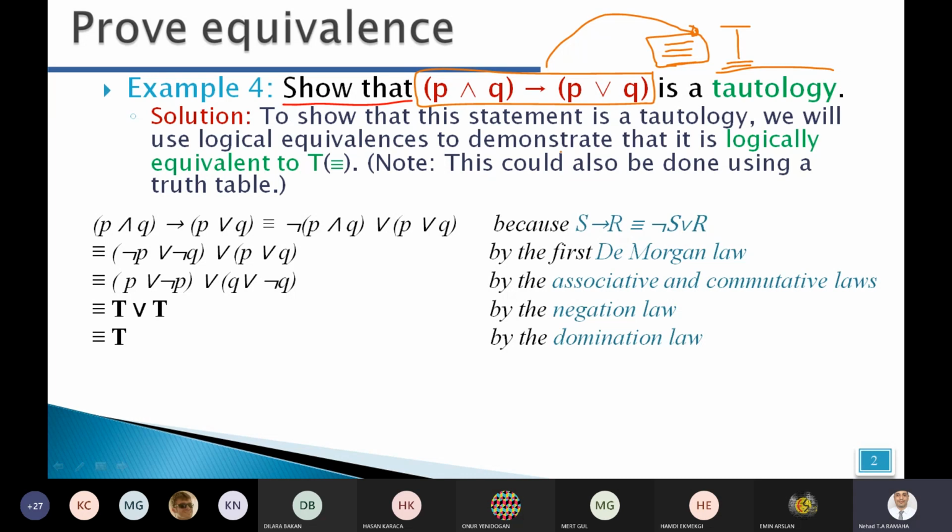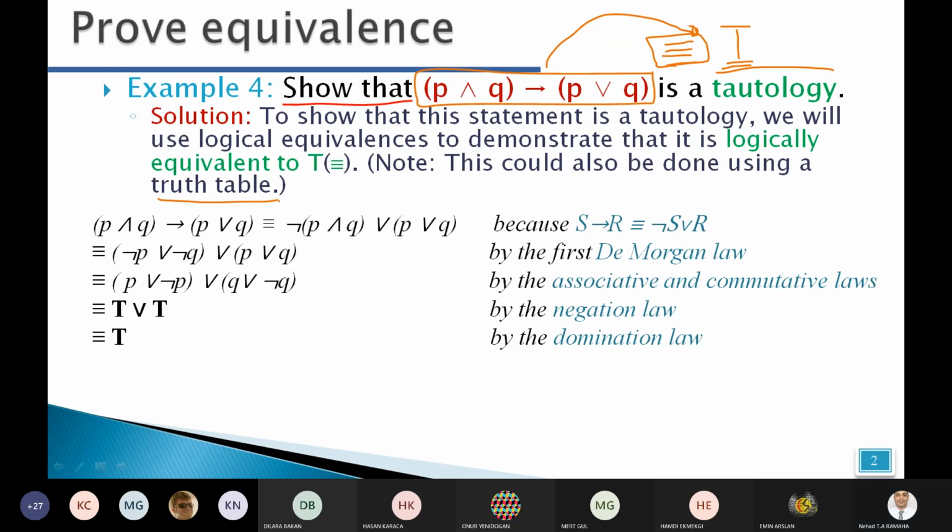Okay, so we can do this using two ways. First way using the laws, second way using a truth table. So maybe sometimes I will ask you to answer using a truth table. Maybe I will ask you to answer without a truth table. If without a truth table, then you need to use the laws, like De Morgan's law or associative law, negation law, double negation law.